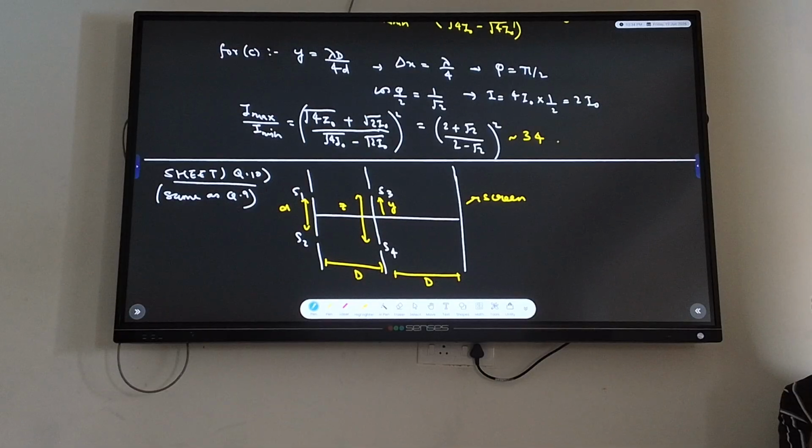Lambda by 2. Incorrect. Root 15 lambda. Incorrect. You are off by a factor. No, not even off by a factor. It's totally wrong.